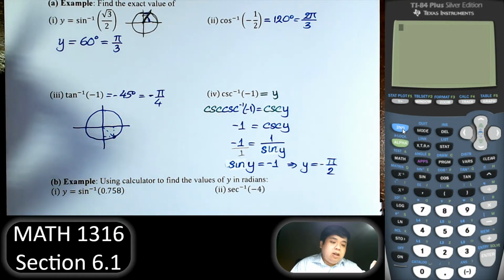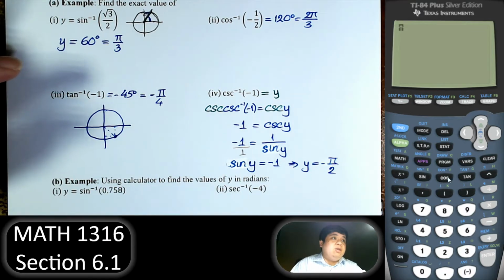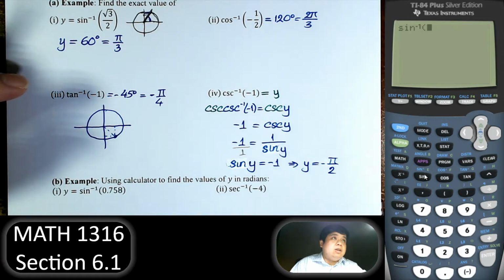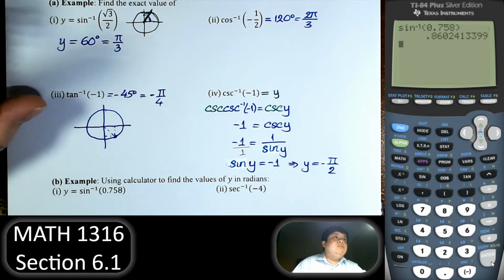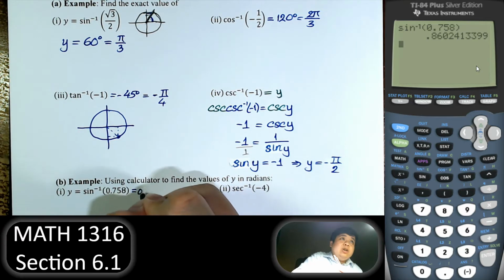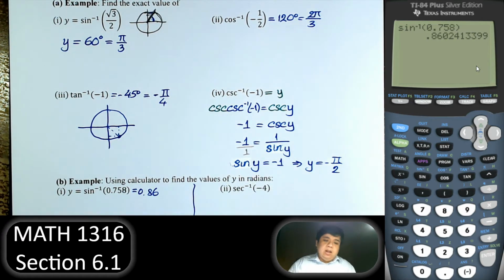For this sine inverse, keep the calculator in radian mode. Sine inverse of 0.758 gives about 0.86 radian. That's easy.